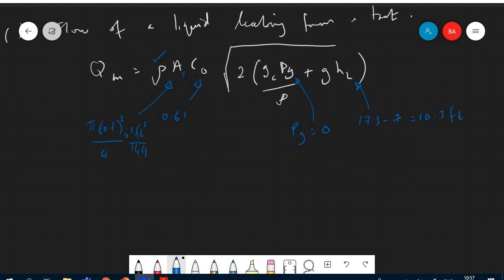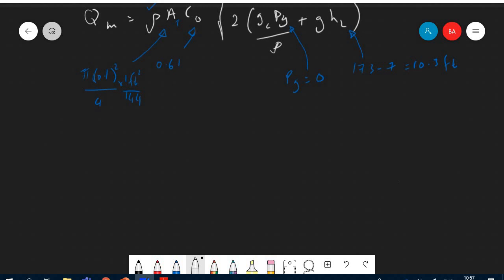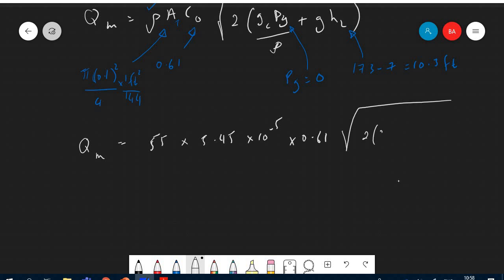Okay, great. So can we substitute now? Yes, we can substitute. What I need to do is to substitute all the numbers. So rho multiplied by area, which is 5.45 times 10 to the power minus 5 feet squared, times C naught 0.61, times the square root of 2 gc multiplied by HL, which is 10.3 feet.